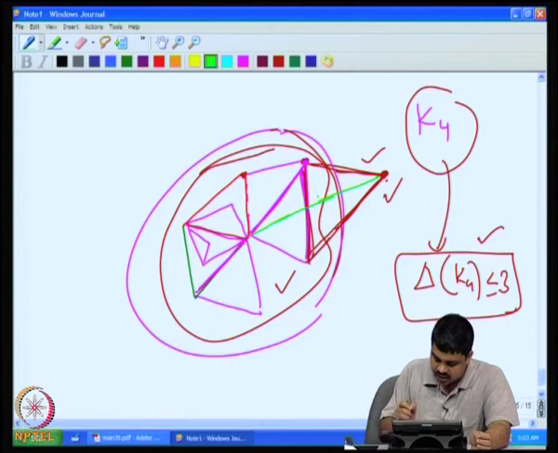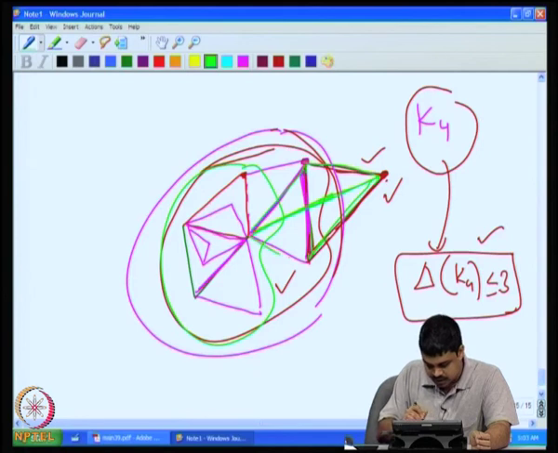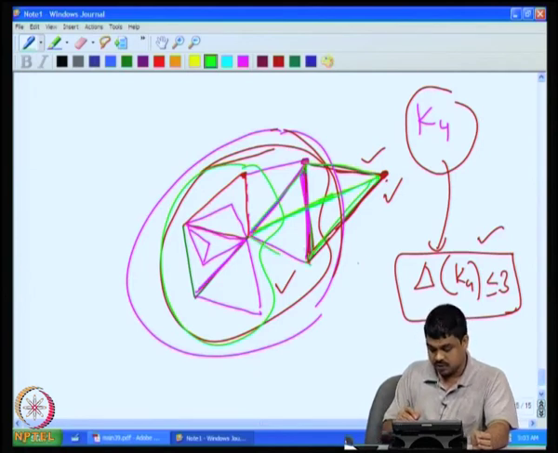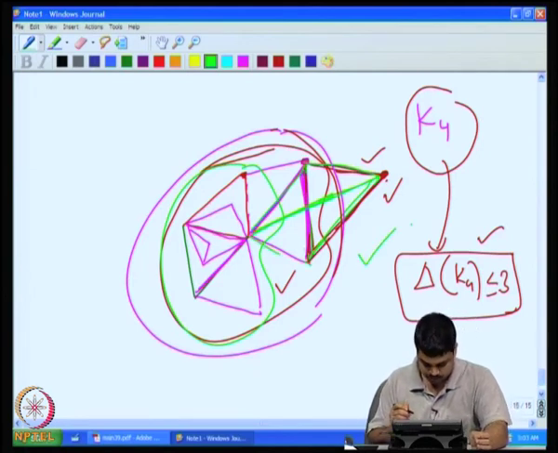Now, clearly you see there is already a triangle here, and this edge, if we contract this entire remaining part, will give us the new K4, right.